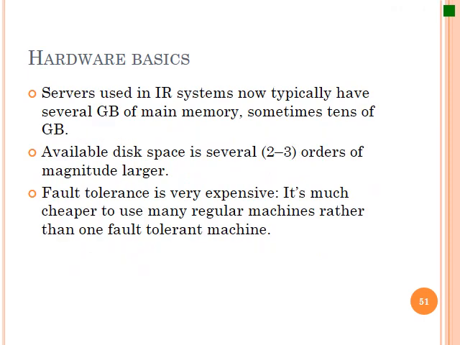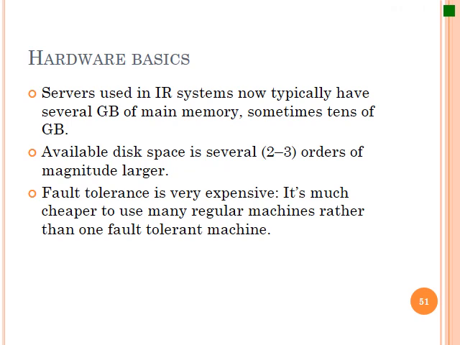The servers using IR systems now typically have a large amount of memory, tens of gigabytes, but the available disk space is still hundreds or thousands of times larger than the memory. Fault tolerance is very expensive.